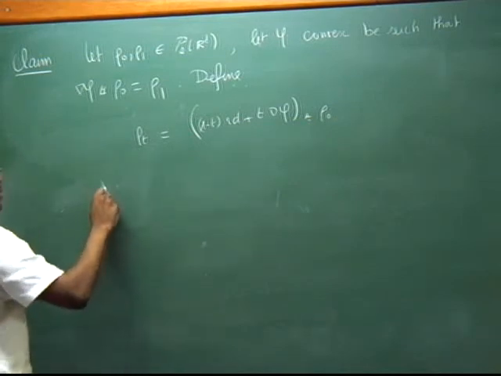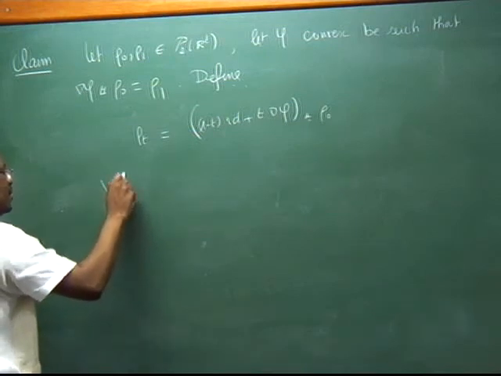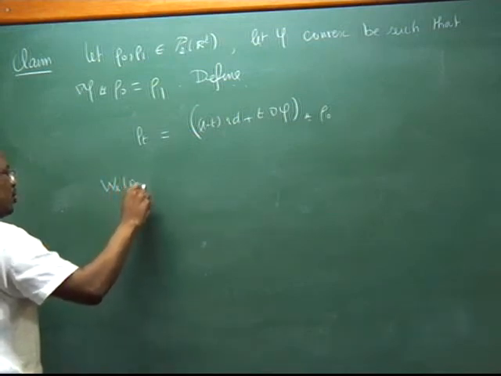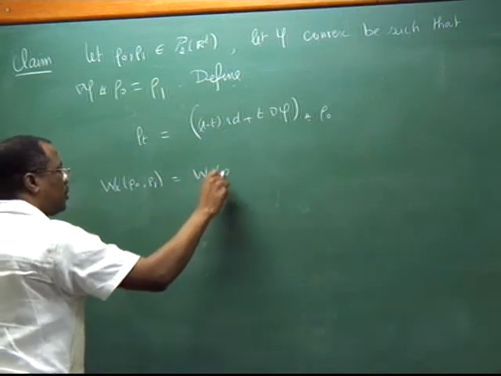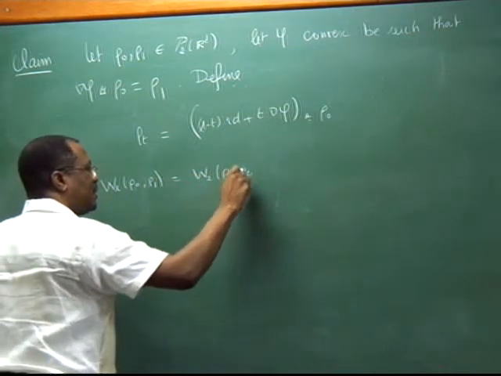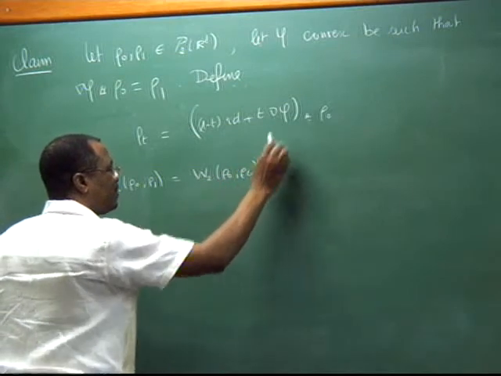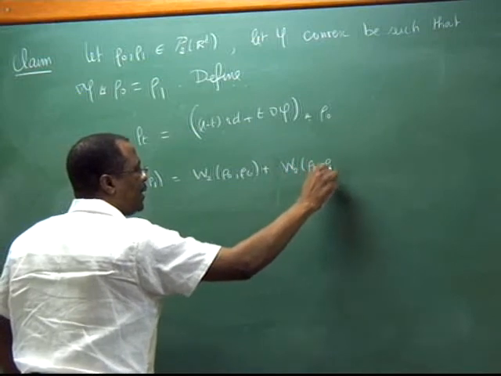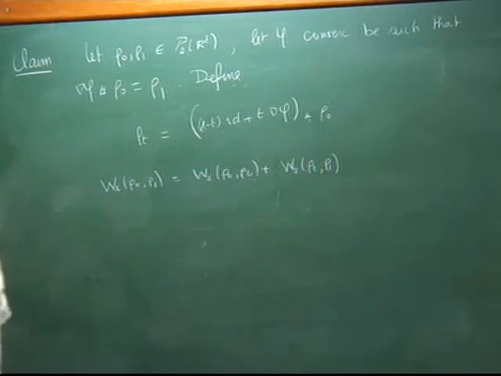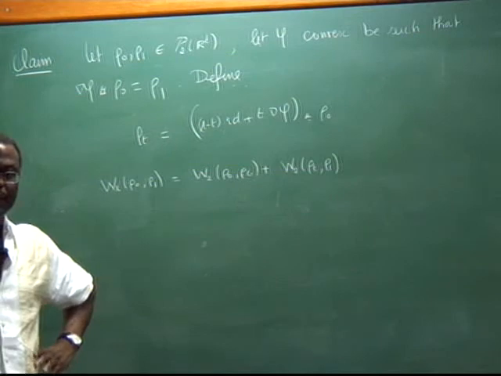So I claim that the distance between rho naught and rho 1 is the distance between rho naught and rho t plus the distance between rho t and rho 1. Okay, this is a claim.